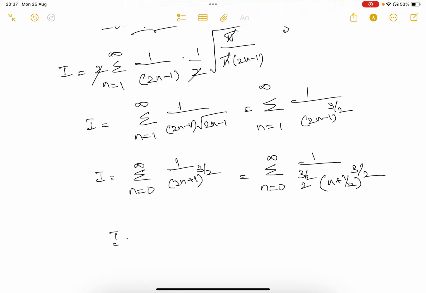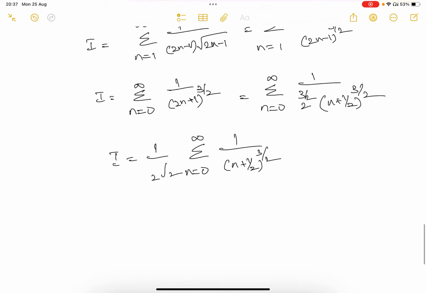So I will have 1 by 2 power 3 by 2, which you can write as 2 root 2, times summation n equal to 0 to infinity 1 by n plus half whole power 3 by 2.